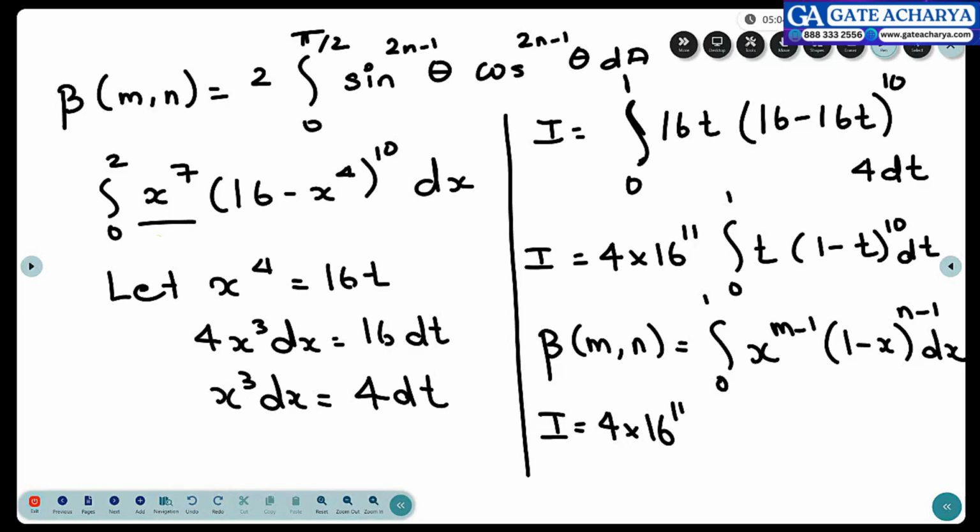Instead of writing t to the power of 1, write it as t to the power of 2 minus 1. What about 1 minus t? Write the power 10 as 11 minus 1. So this is the beta function of 2 comma 11. Finish writing up to here.